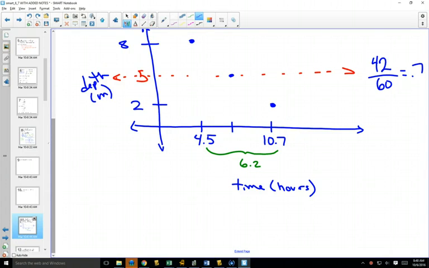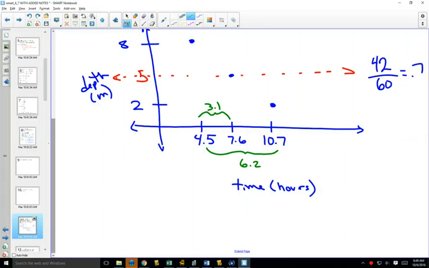What value is that going to be at? 7.6. And how did you figure that out? So you figured out that half of this 6.2 was going to be 3.1, and you added that on.